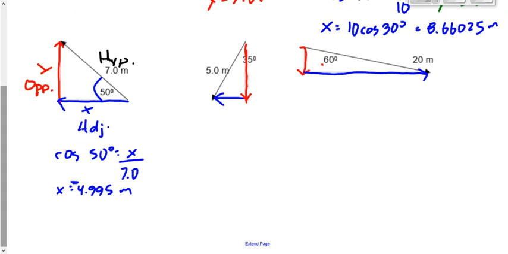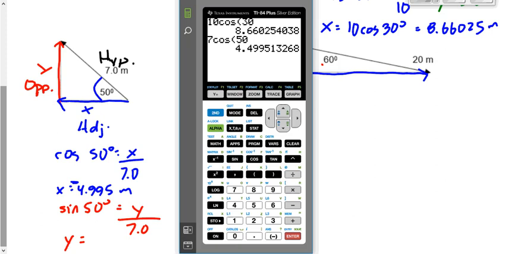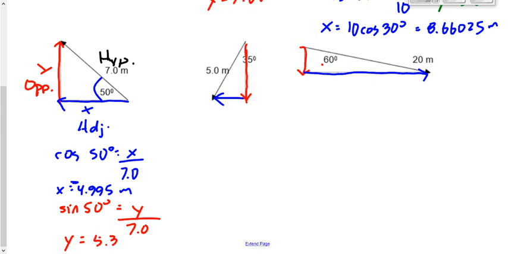So let's say sine 50 degrees is equal to opposite over hypotenuse. Let's say 7 sine 50 is equal to 5.3623. Is that positive? Yes, it is, because it's to the right.